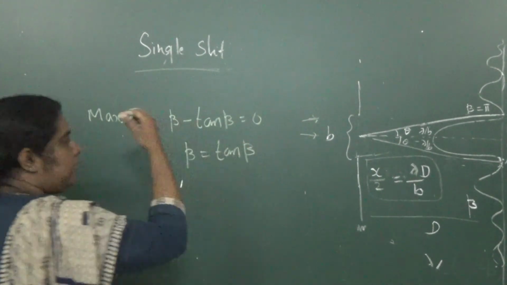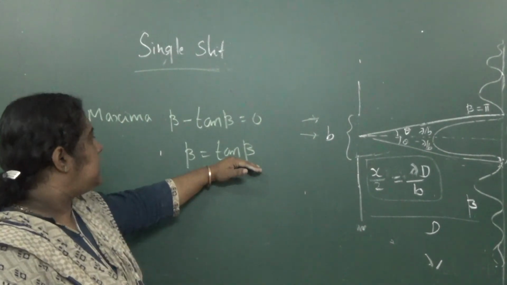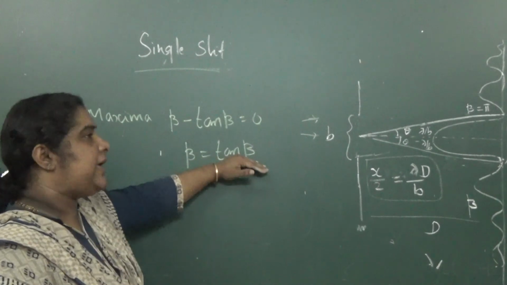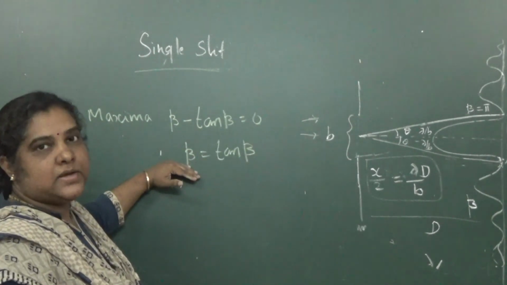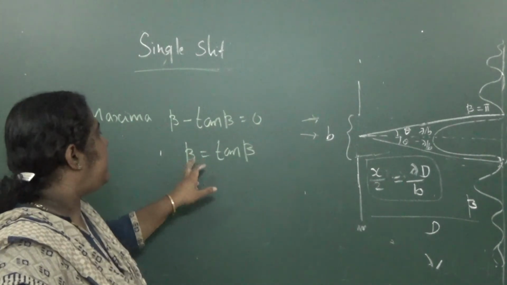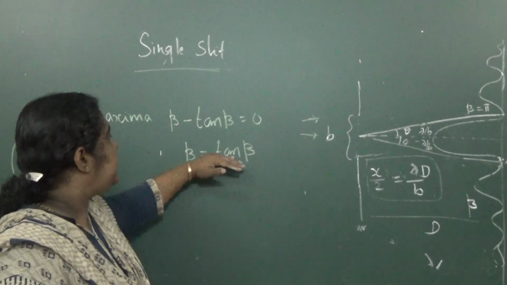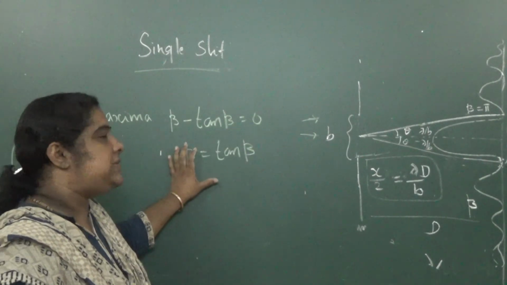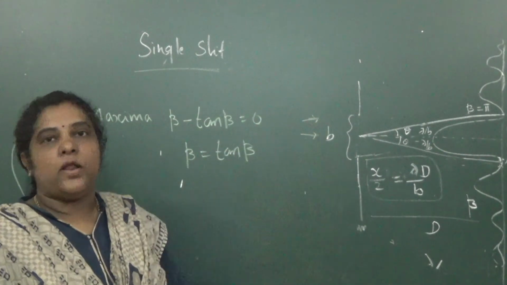See this curve. If you draw the curve y is equal to tan beta and y is equal to beta, then wherever they meet, the values of these two functions will be the same, so that point will give you the condition for maxima.